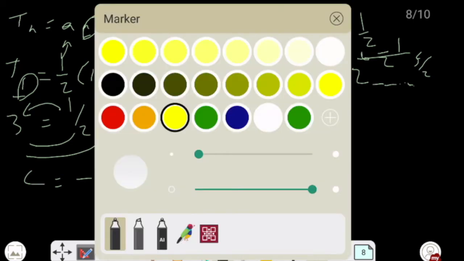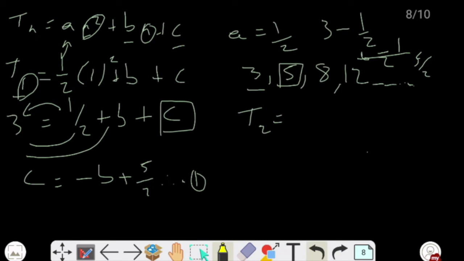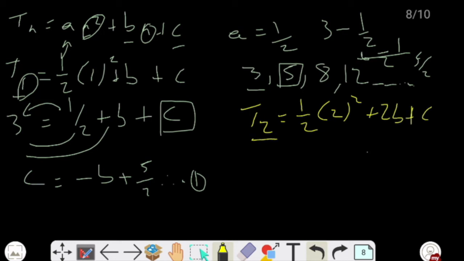So T2 equals a half times 2 squared, which is 2, plus 2b plus c, and my value for T2, as you can see, is 5, so 5 equals 2 plus 2b plus c.